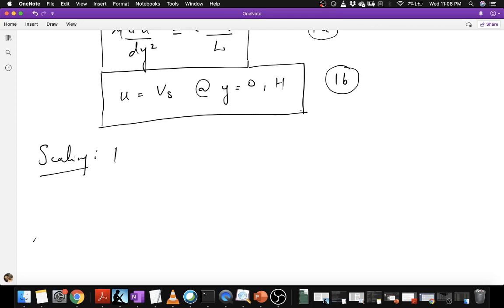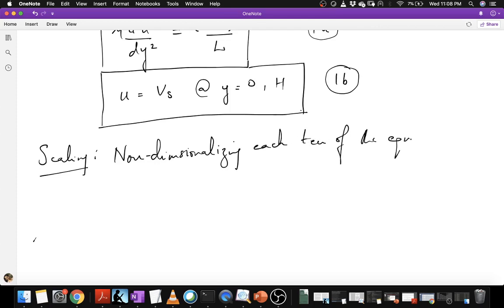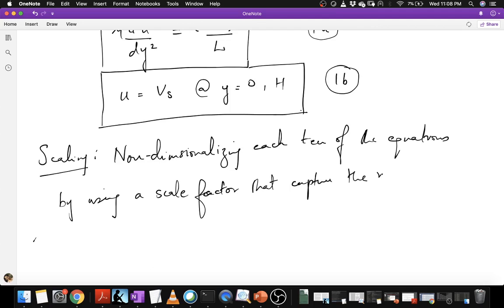Scaling is the practice of non-dimensionalizing each term of the equations by using, this is the key part, a scale factor or a characteristic scale that captures the magnitude of the term.